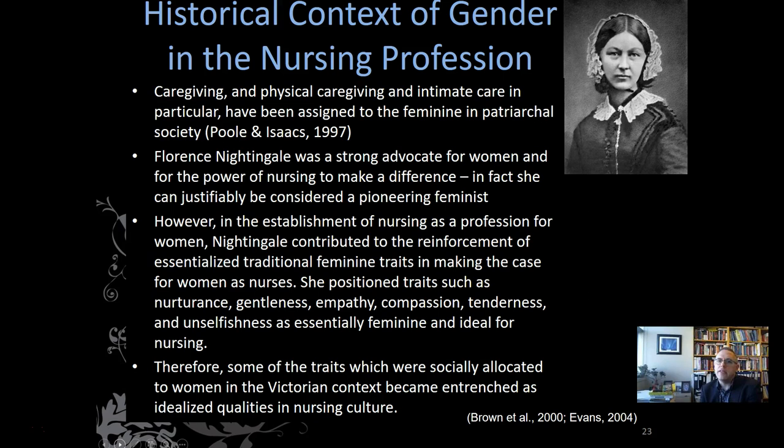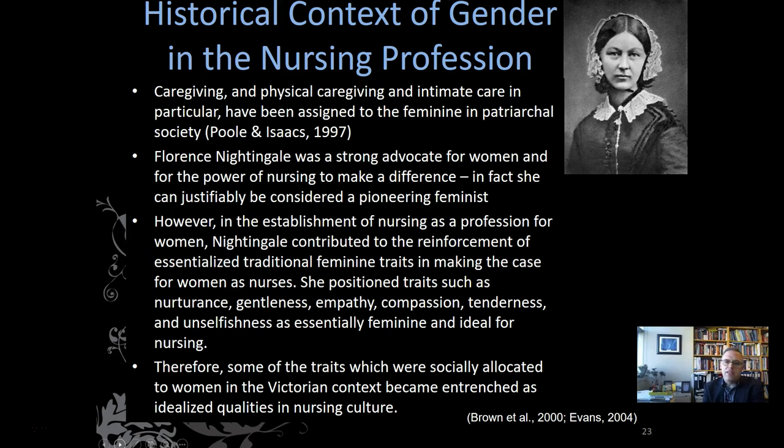So historically, the modern understanding of nursing came out of the context of Victorian England. And I think that it's really important to keep in mind that Florence Nightingale was a woman of her time. In fact, she could be considered a pioneering feminist.